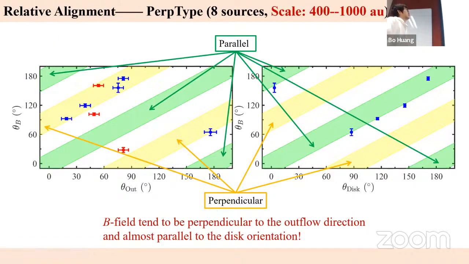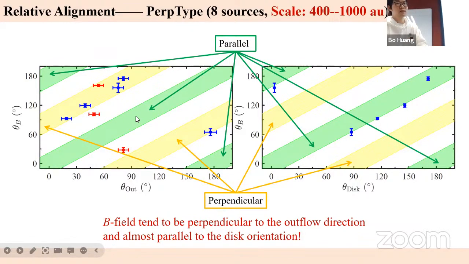First we can see the PerpType sources here. Now the position angle of the magnetic field is weighted by its uncertainty. The blue points indicate sources with reliable orientation, while red points do not have reliable orientation.